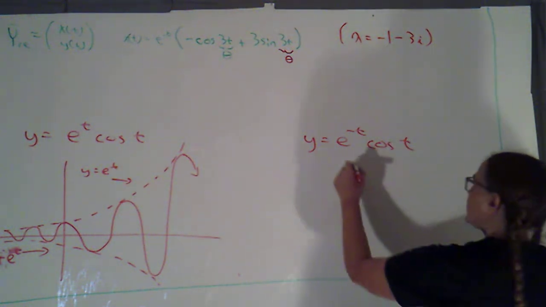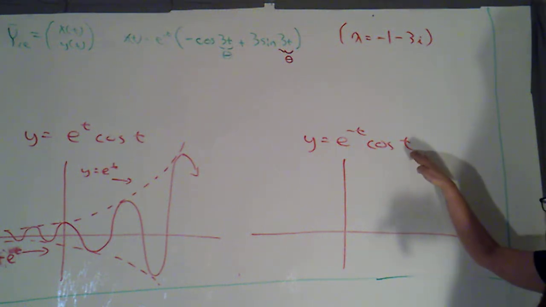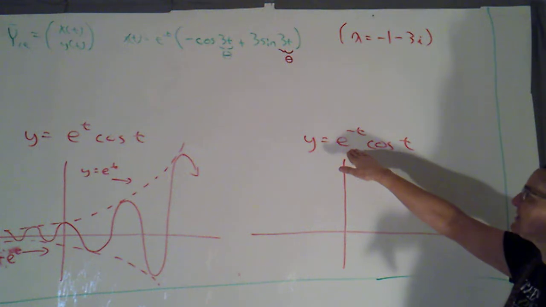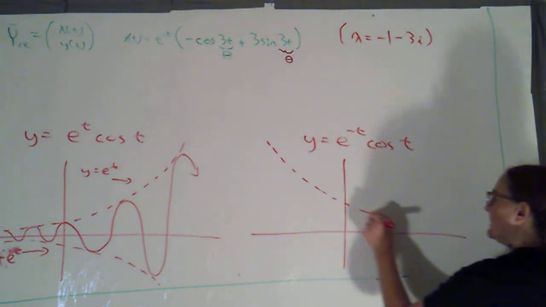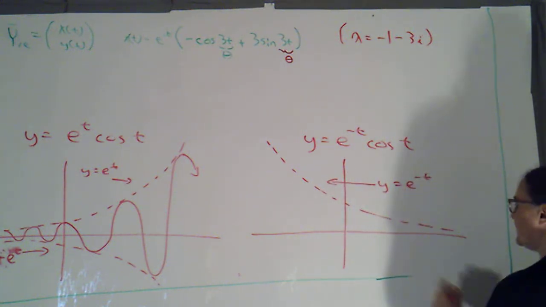Over here, I'm just going to have the opposite pattern, because now cosine is going to be oscillating, instead of between 1 and negative 1, between values determined by this function and its opposite. But e to the negative t is exponential decay, so there's y equals e to the negative t.